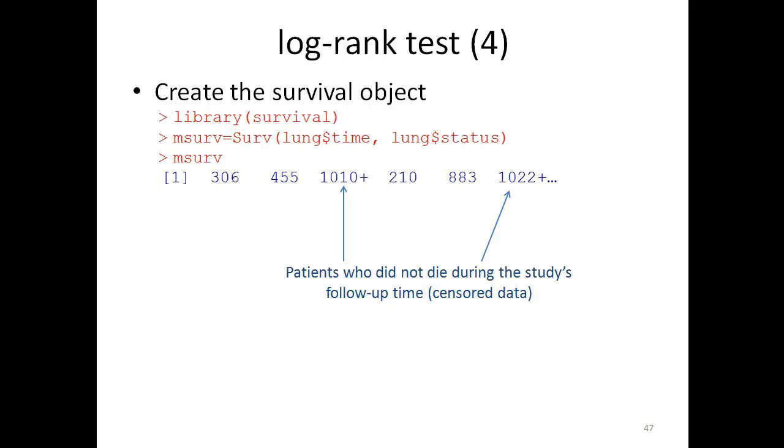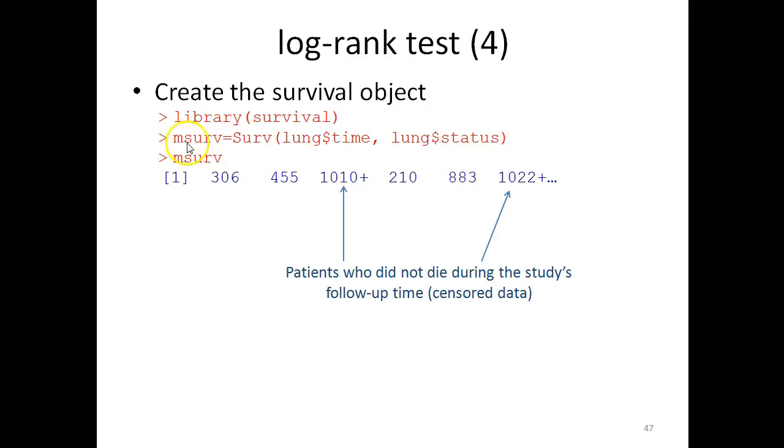And then you have a lot of additional columns containing data which could be used as covariates. The first step when performing the log-rank test is to create a survival object. And before that you would of course have to install the survival package and load it using the library command. And then you create the survival object using the Surv command. The Surv command takes two arguments. The first one is an object containing the times, that's the time column, and then a vector containing the status of each patient, the status column.